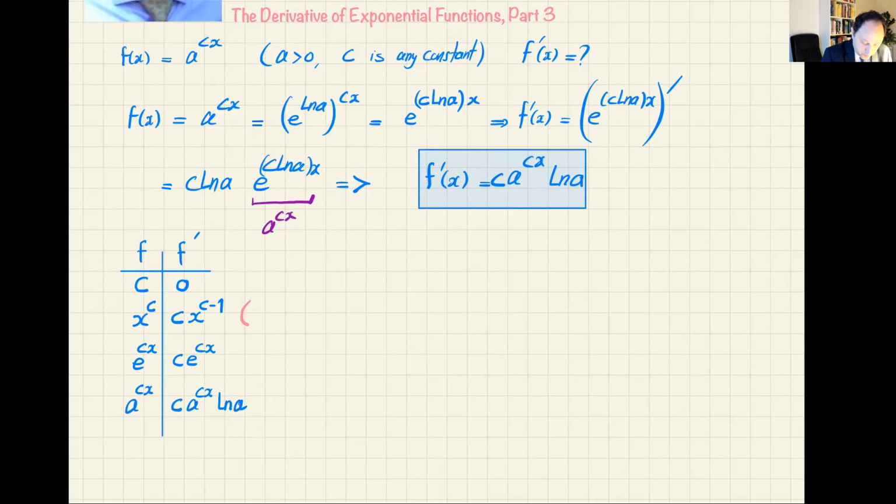I told you that it is better to have them in your memory. If the derivative of x is asked, it's 1. If you want to calculate the derivative of 1 over x, the answer is simply minus 1 over x squared. I prefer to remember them separately. That's up to you. The derivative of a square root of x is also a constant.